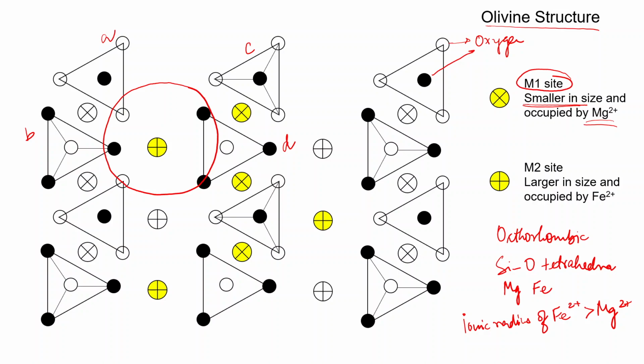So this site is called the M2 site. It is larger in size and it is occupied by Fe2+, that is the ferrous ion.